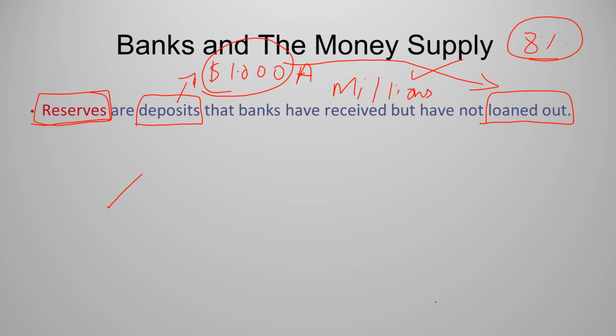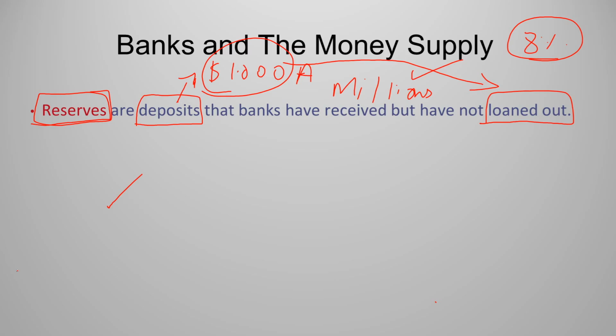It can be 5% or 10%. If the central bank says you have to keep 5% of your deposits as reserves, then the commercial banks are obliged by law to keep 5% as reserves. In this case, when you deposit $1,000 into the bank, out of those $1,000, they have to keep $50 as reserves. So that's how the system basically works. That's how the central banks make sure that the system doesn't collapse.